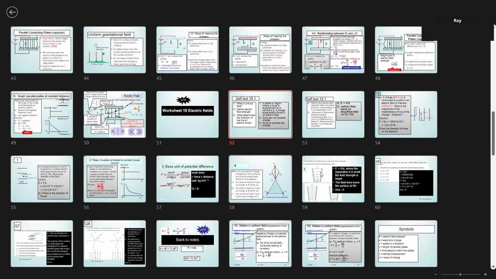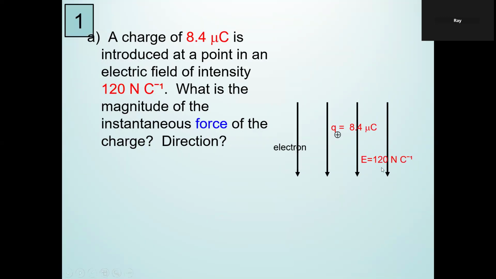Okay, try this question. Use the formula that I've given you. F equals EQ. That's your charge, positive charge. Electric field strength is given.